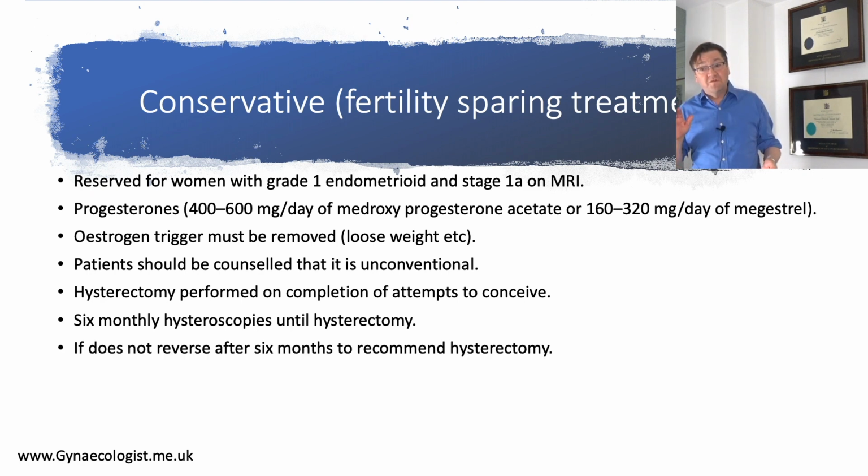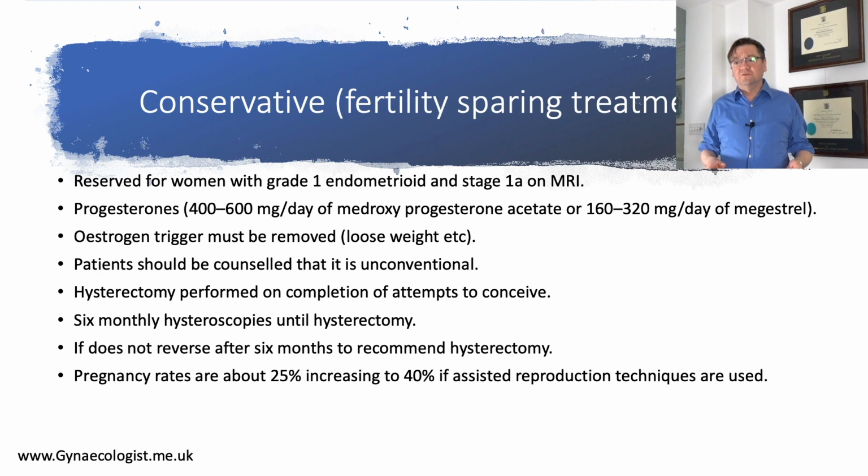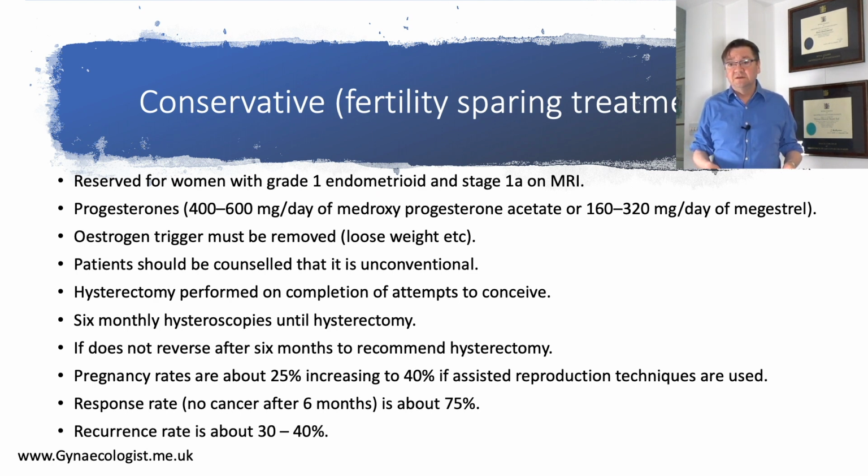If it doesn't reverse the cancer at 6 months, they should have a hysterectomy. Pregnancy rates are about 25%, increasing to 40% if you use assisted reproduction techniques. And the response rate, in other words, no cancer after 6 months, is 75%. But the recurrence rate is high if they don't subsequently have a hysterectomy, which is 30 to 40%.